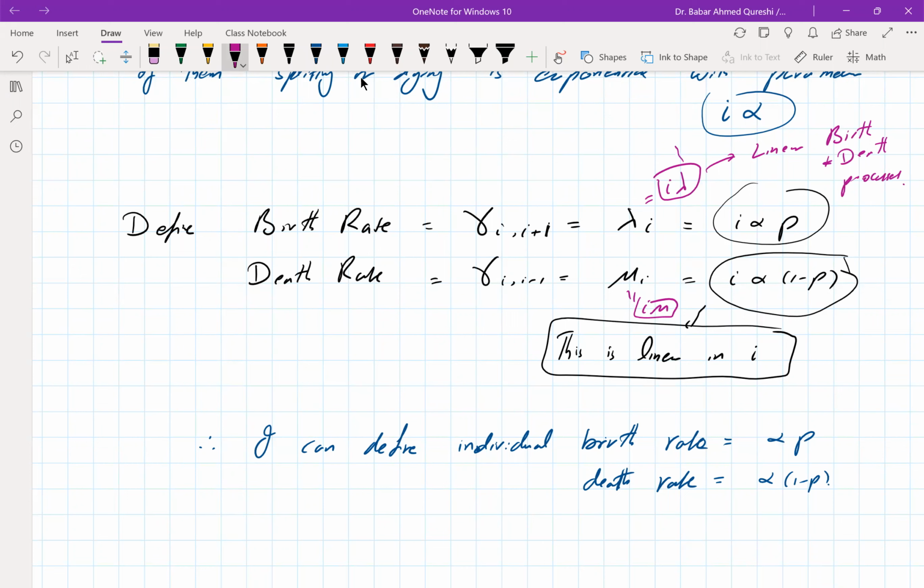Then you can call these lambdas the individual birth rate, and similarly this guy is the individual death rate.